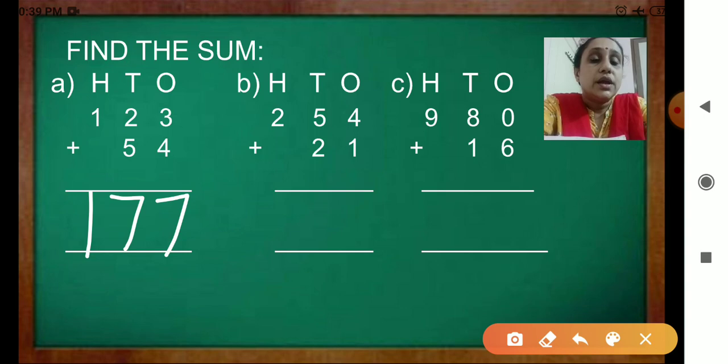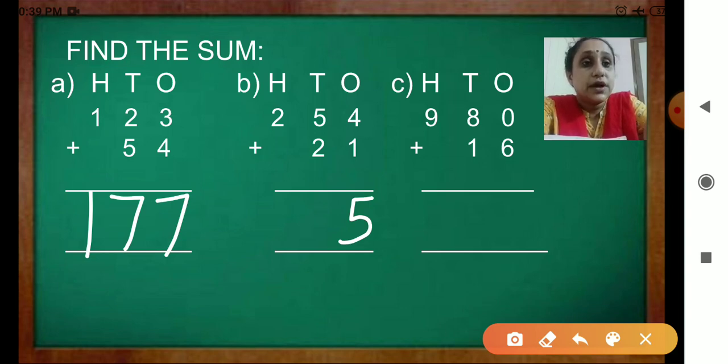Okay. Now the next one is 254 plus 21. So first we will add the ones place. 4 plus 1. Keep 4 in your mind and take out one finger. So after 4, one finger, what will come? 5. 5 plus 2, 5 and 2, 6, 7.